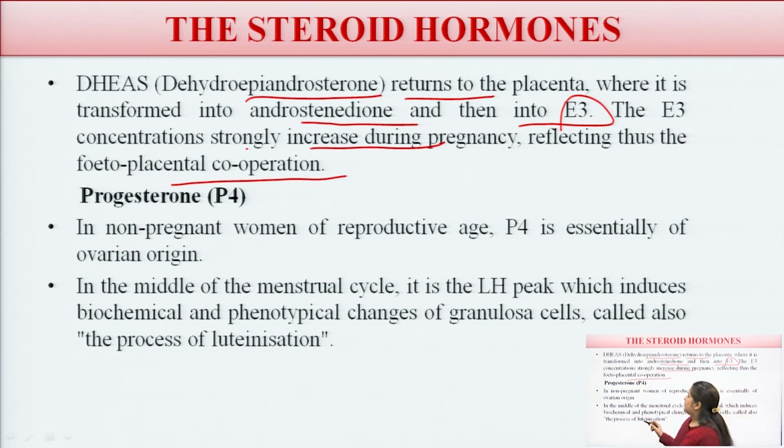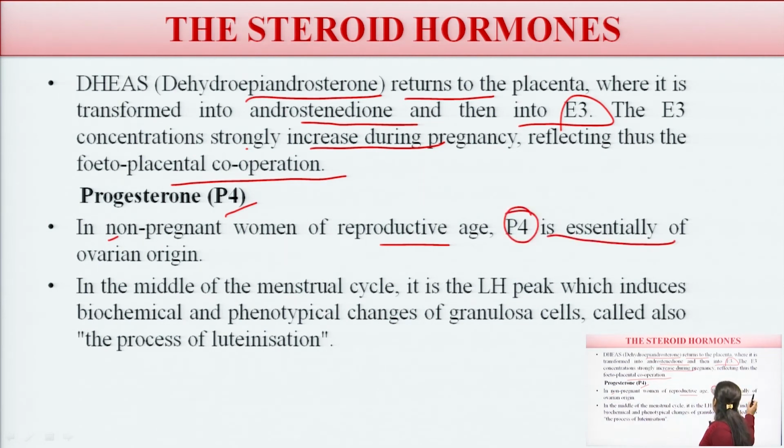Right. Now the progesterone. In non-pregnant women of reproductive age, P4, that is progesterone, is essentially of ovarian origin.